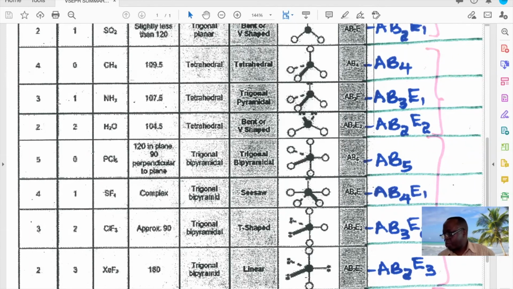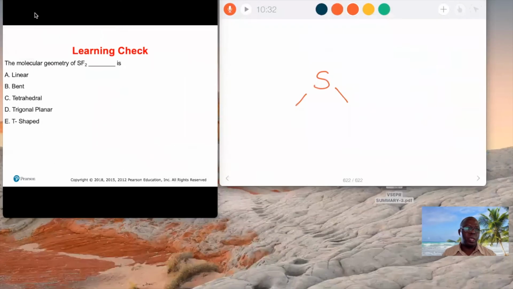So if I was to draw that, it is a bent shape. If you are to draw, it's going to assume this shape, where the lone pairs repel each other, and then it's going to put the fluorine right there. But electron domain geometry is tetrahedral. So the correct answer is bent shape.